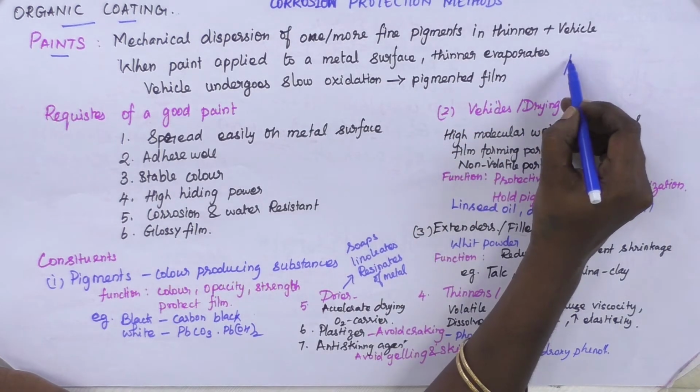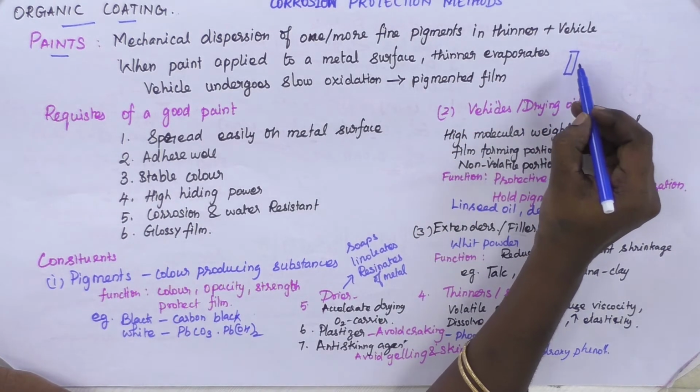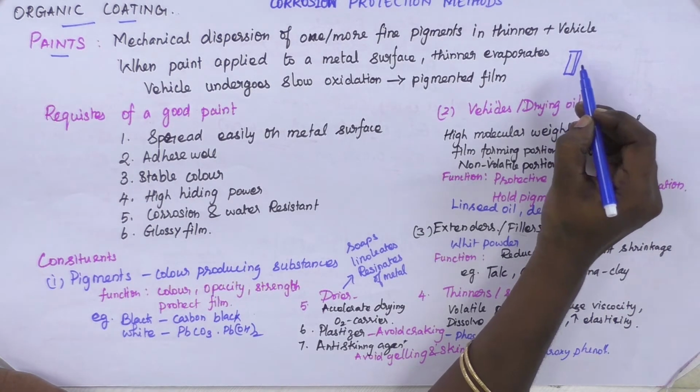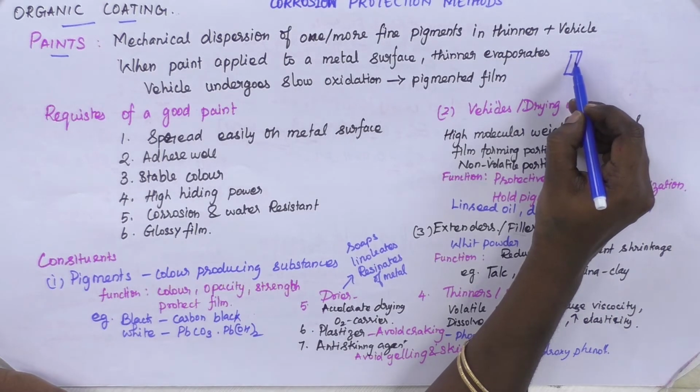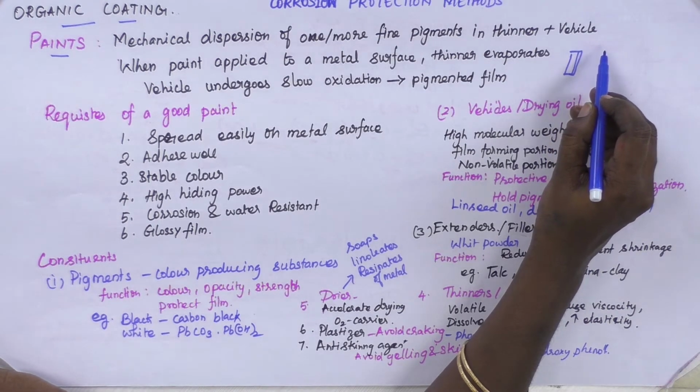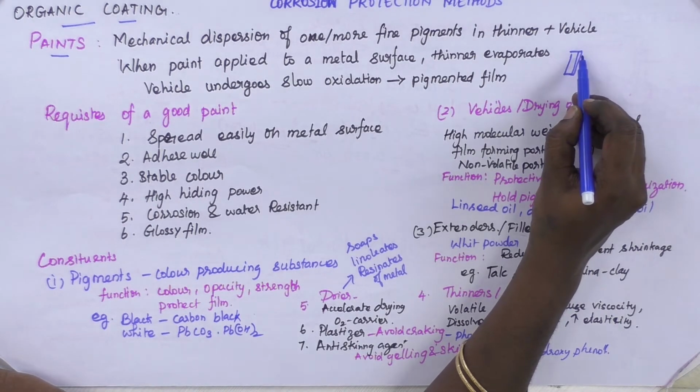Initially, this is the surface of the metal. You are coating the paint, which is in the liquid state, on the surface of the metal. Adhered on the surface of the metal, the paint undergoes oxidation and polymerization and forms a film.